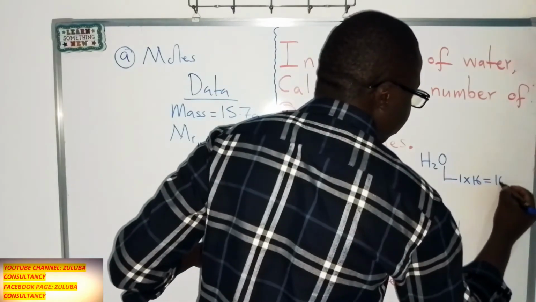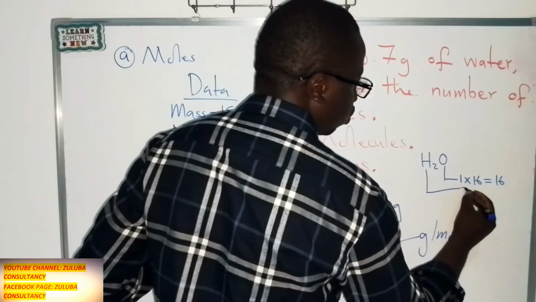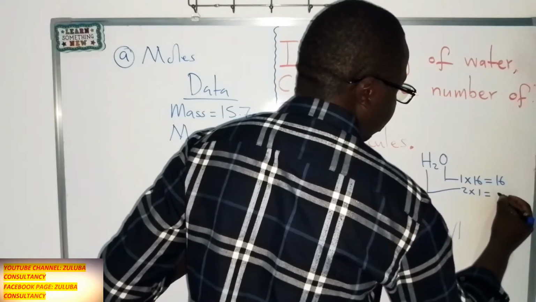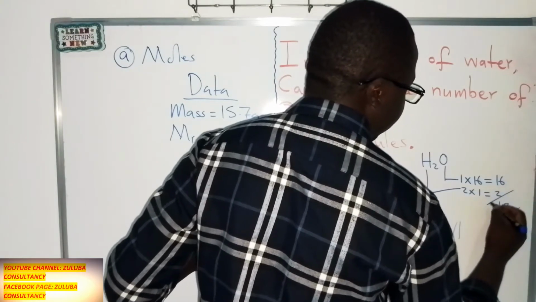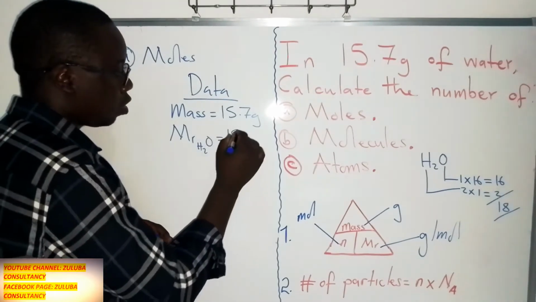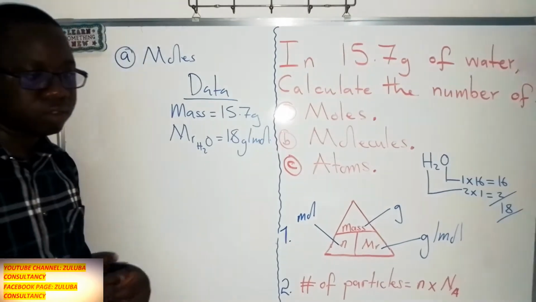It gives us 16. Then for hydrogen, we have 2 atoms of hydrogen multiplied by 1, which gives us 2. So this gives us a total of 18 when we add. So basically, we have 18 grams per mole as the molar mass.